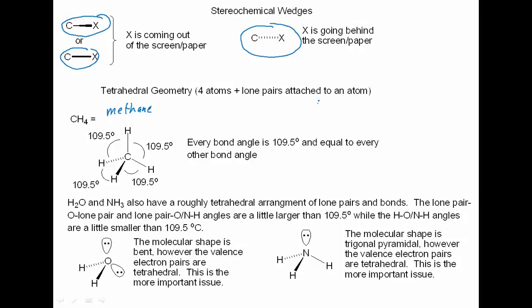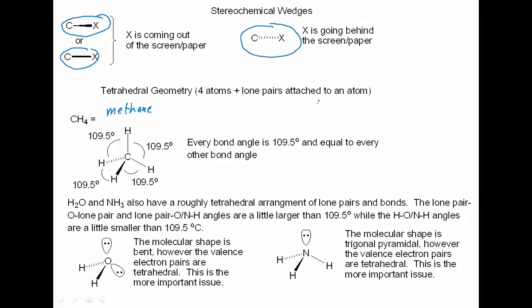Okay, if we look at how the atoms and lone pairs are arranged in water and ammonia, we also see they have roughly a tetrahedral arrangement of lone pairs and bonds as well. The oxygen lone pair or nitrogen lone pair angles are a little larger than 109.5 degrees.